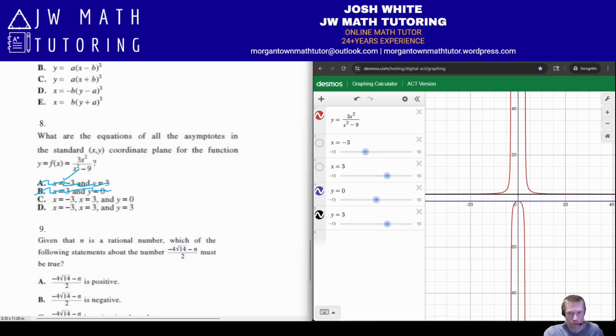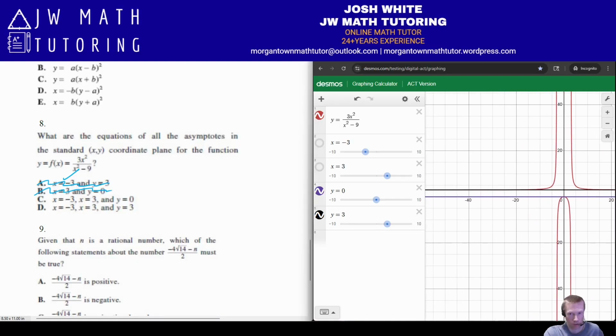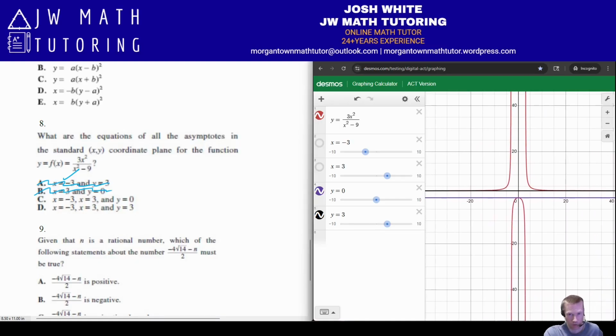Whereas at 0, there's nothing approaching. I mean, it goes through the single point here, but there's nothing that's going towards it or getting very, very close to it on either side of the graph. Okay, so the correct answer for this one is just going to be letter D.